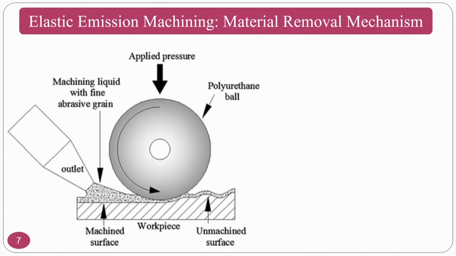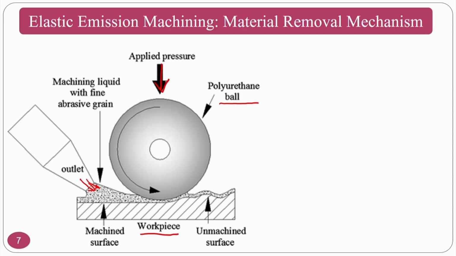So, material removal mechanism. If you see the zoomed version of the previous slide, this is the outlet where the abrasive slurry is coming, and there will be a gap of a few microns between your sphere, that is the polyurethane ball, and the workpiece. Okay.